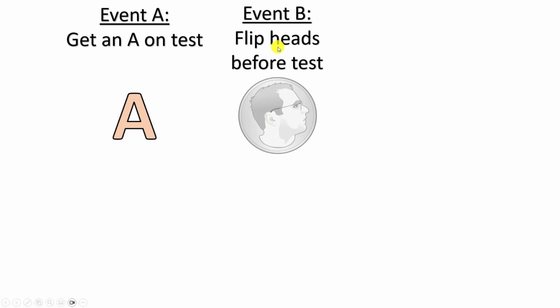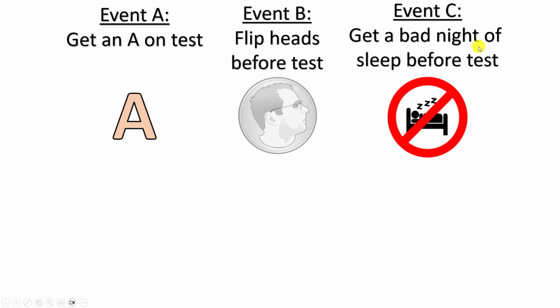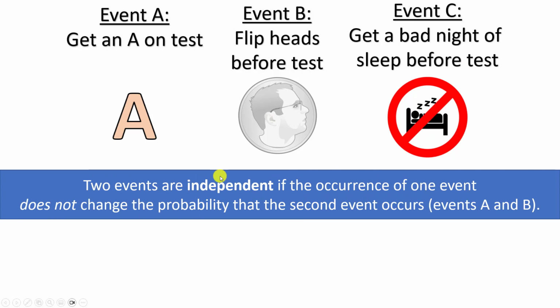Let's say we have the 3 events: event A, getting an A on the test; event B, flipping heads on a coin before you take the test; and event C, getting a bad night of sleep the night before the test. 2 events are independent if the occurrence of one event does not change the probability that the second event occurs, such as events A and B. It doesn't matter if you flip heads on the coin before the test, that's not really going to impact the chance that you get an A. So therefore we would say that events A and B are independent.